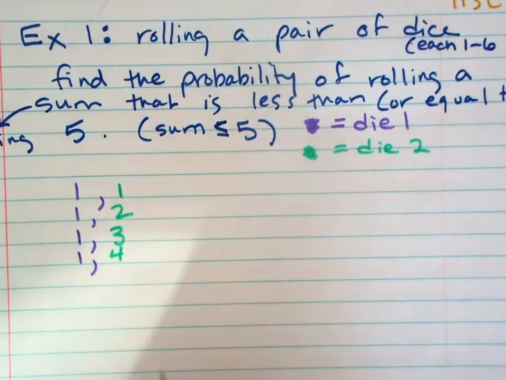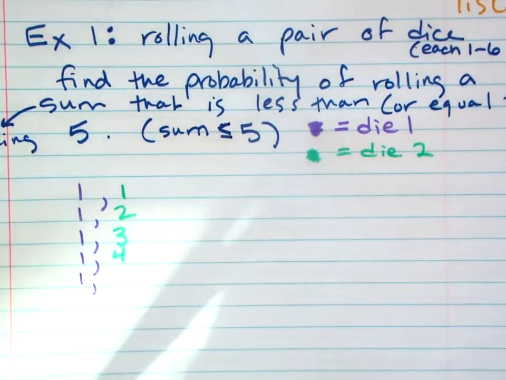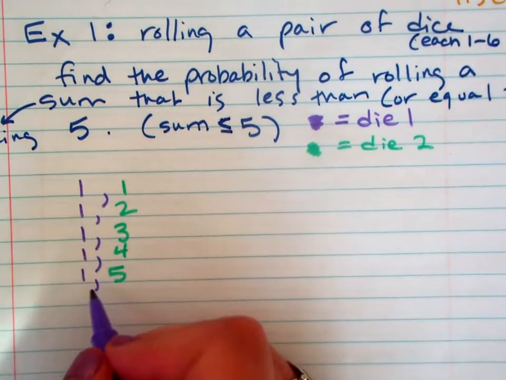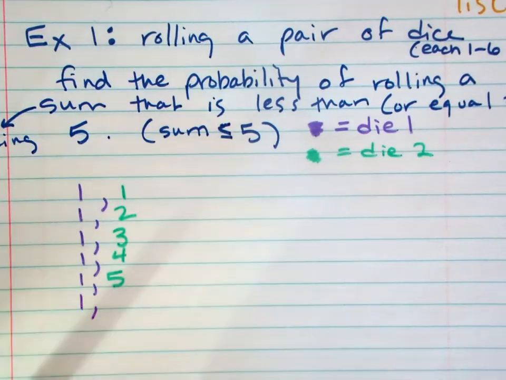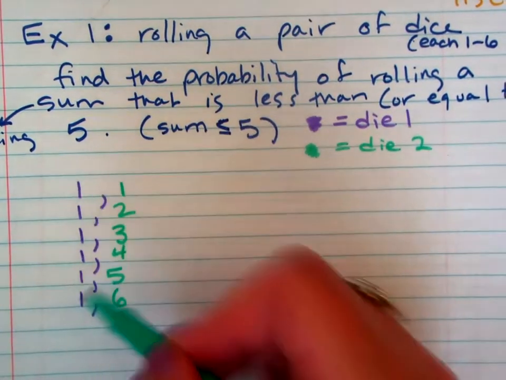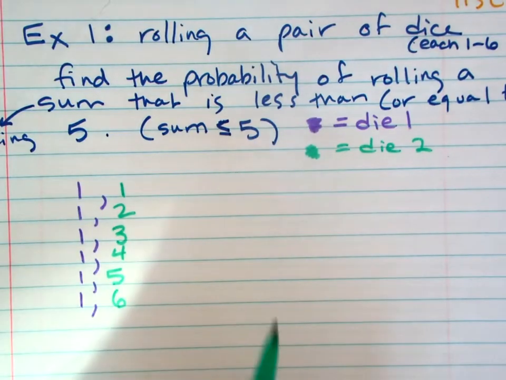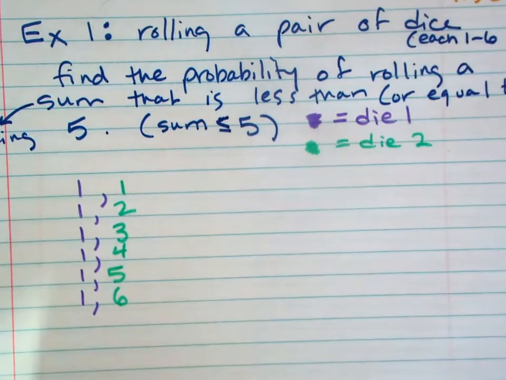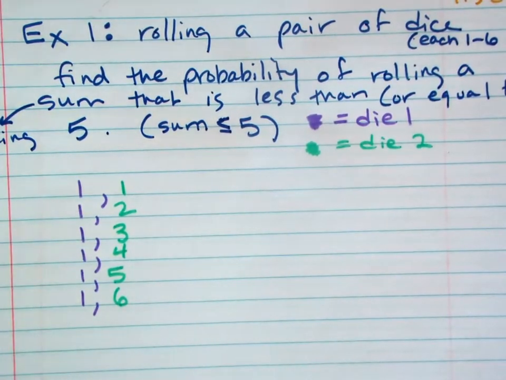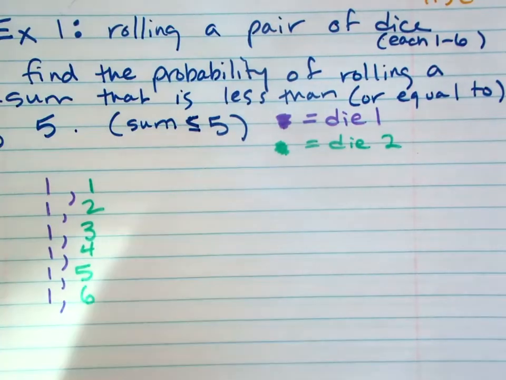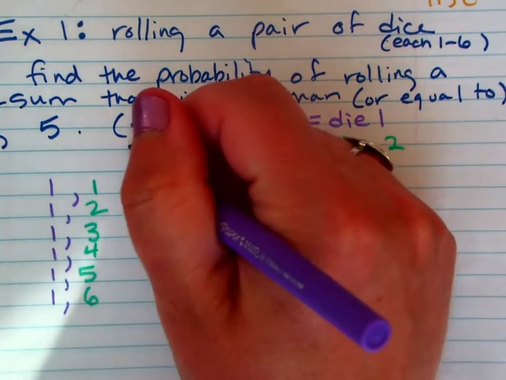Could roll a 1 and roll a 5. Or I could roll a 1 and roll a 6. Okay? So with 1s on die 1, those are all the options I have. Now, I can't roll a 1 and a 7 because each die is only 1 through 6.